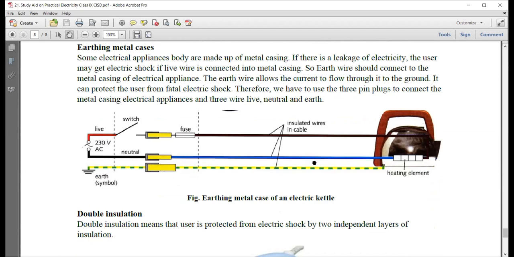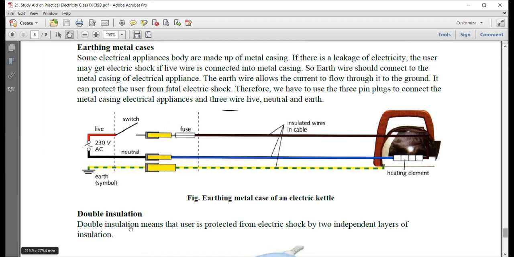Like I have now with me one charger fan, and the charger fan has plastic covering above it. So I don't need a 3-pin plug or any earth wire here. Only the live wire and neutral wire. That's enough. A 2-pin socket is enough. The appliance which has plastic covering, we say it has double insulation.